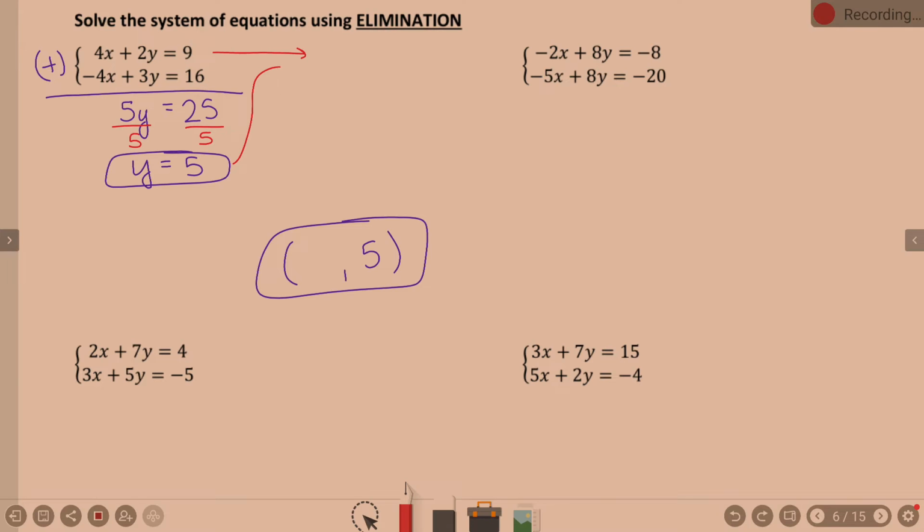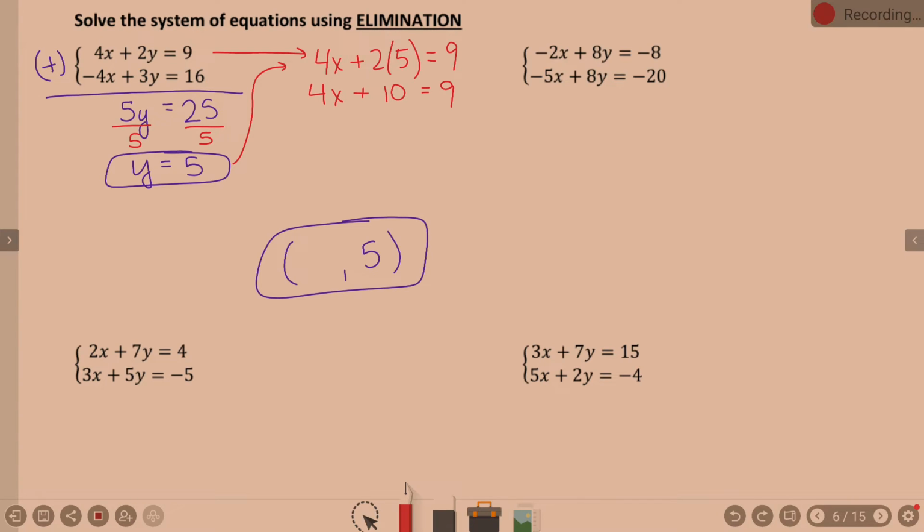I'm going to take my y equals 5. We're going to combine it. 4x plus 2 times 5 equals 9. Do the math. 2 times 5 is 10. So 4x plus 10 equals 9.